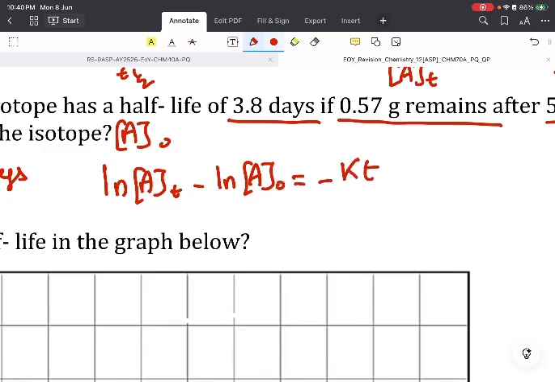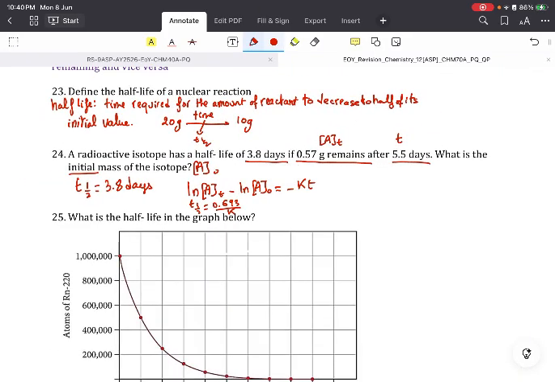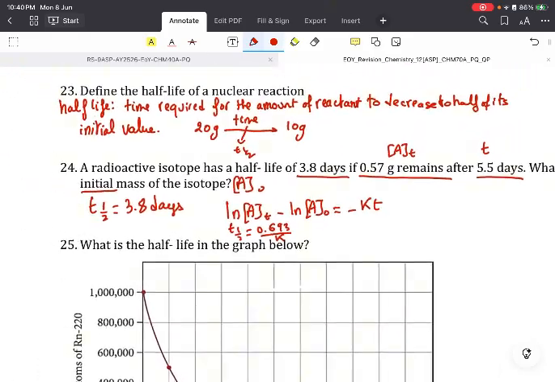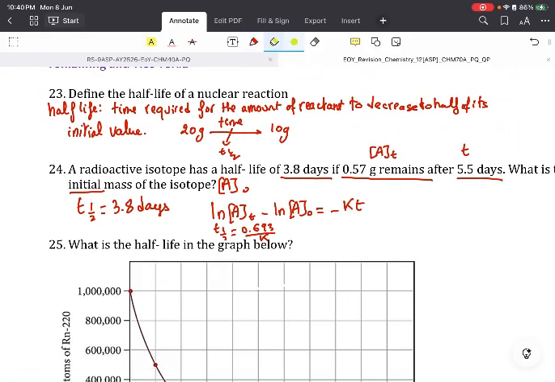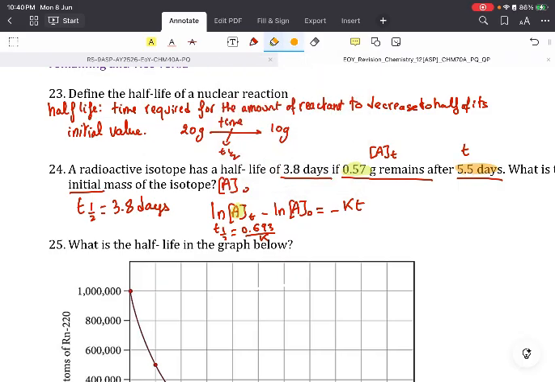K is the rate constant, and for the T half, there's another formula, T half is 0.693 over K. So first of all, we need to find K. I'm just gonna give you the given. 0.57 is this one. 5.5 days is T. T half is given over here, and it is this one.